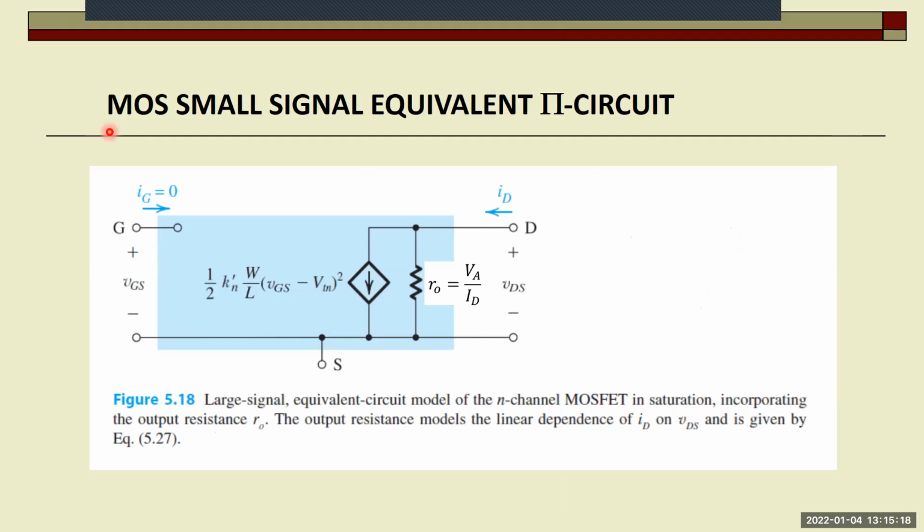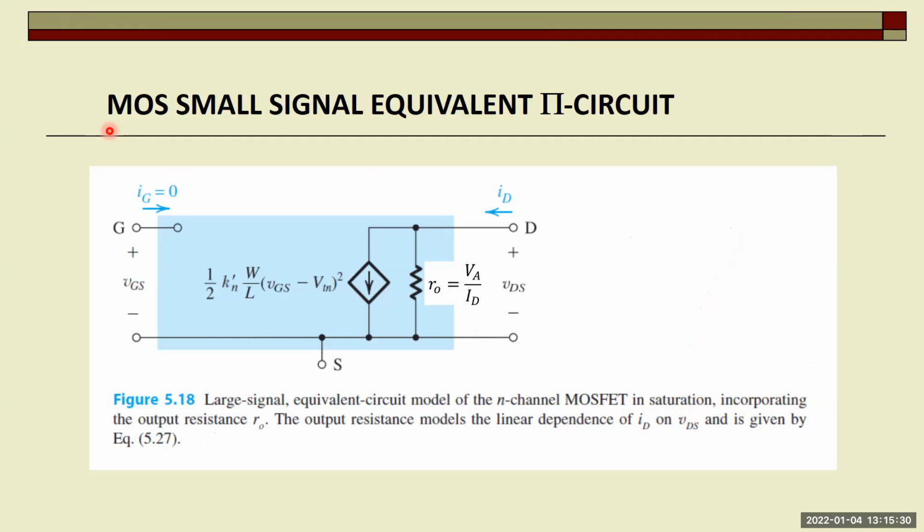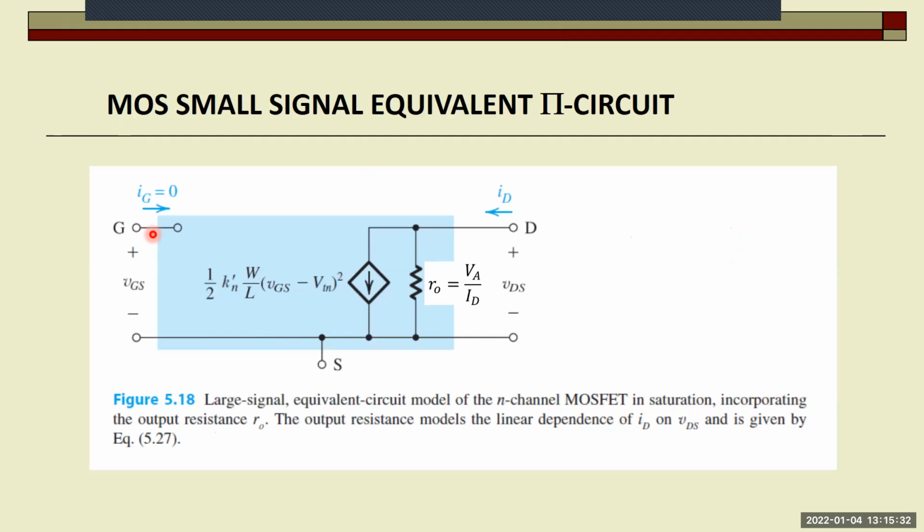Now, we did biasing of MOS last week, and now I want to show you the small signal equivalent pi circuit. And since there is no gate current, the gate pin is unconnected. Between the source and the drain, we have a voltage dependent current source.